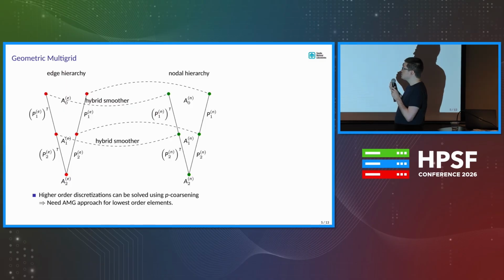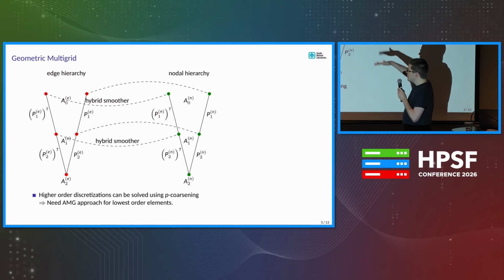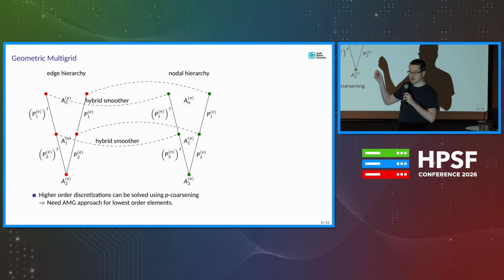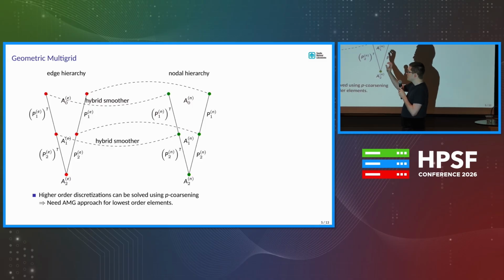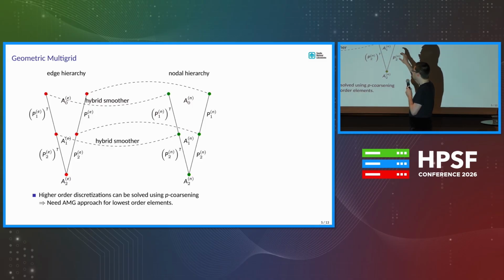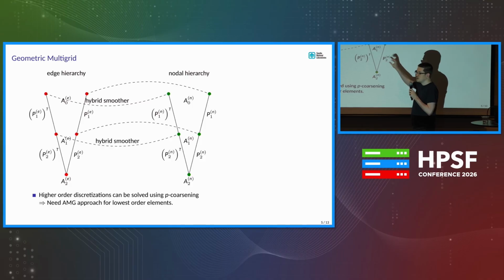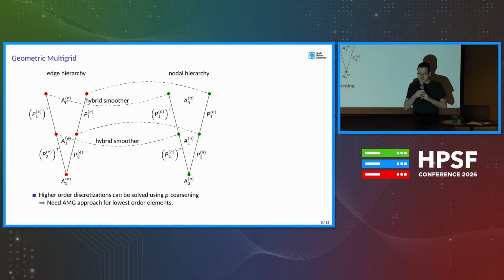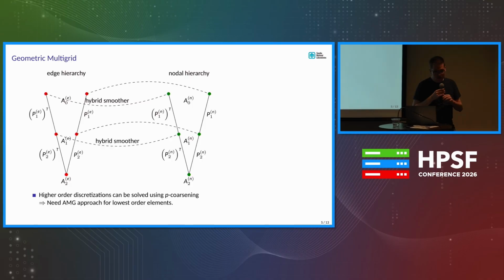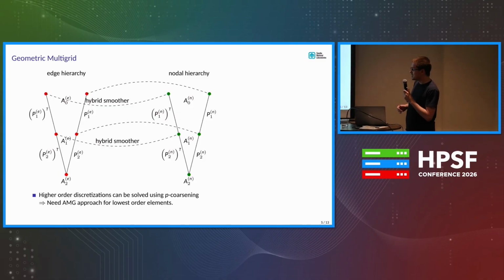Then we'll match them up nicely, and at each level, we will simply use this hybrid smoothing idea and combine the matrix from our edge problem with the matrix from our nodal problem. And that's all it takes to solve curl-curl equations with a geometric multigrid.